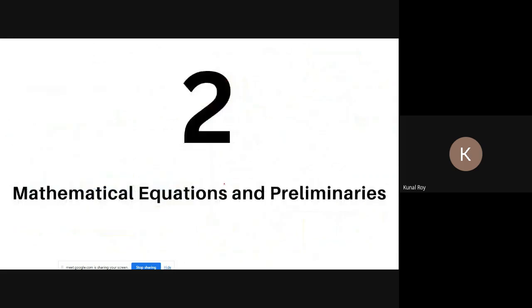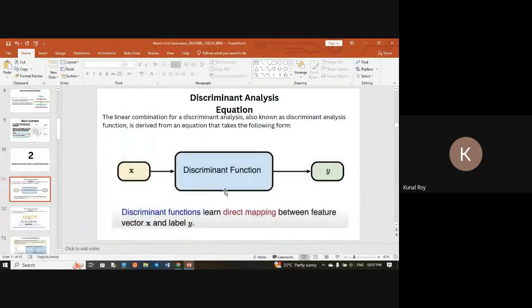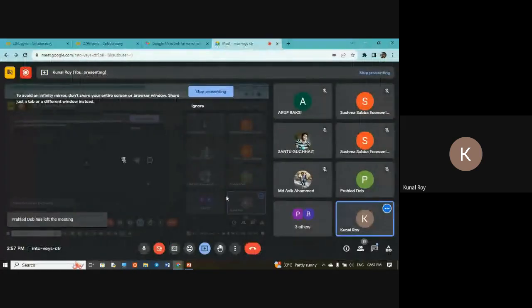Now we will be moving into some mathematical equations and preliminaries. Now we will learn in detail regarding a discriminant function. Before this, if anyone has a question, you can ask me. Am I audible to everyone? Yes.